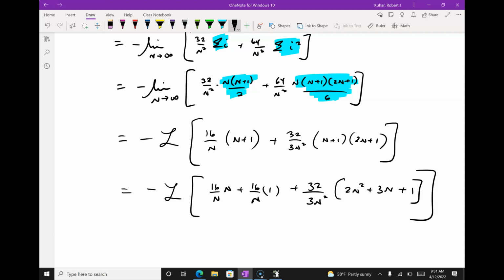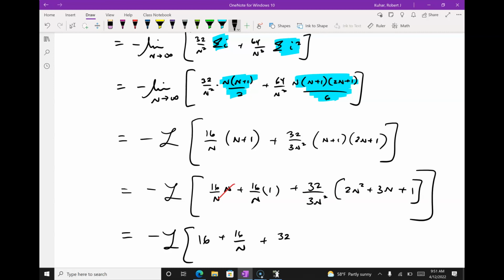Okay, I'm going to distribute the 32 over 3n squared, and I'm going to simplify things if I can. So I've got a 16 here. I've got a 16 over n here.